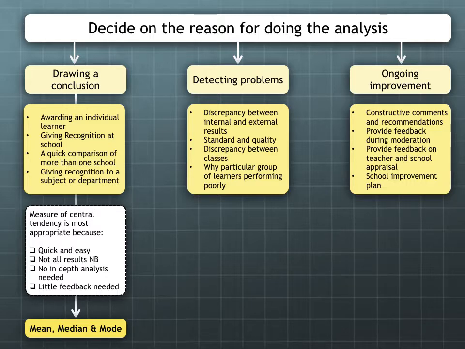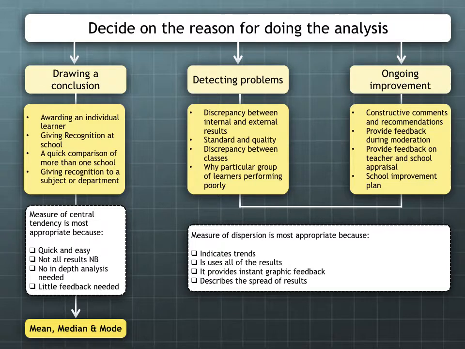Certainly to provide feedback during moderation, to provide feedback on the teacher and school appraisal, and then also gathering school information for the school improvement plan, and then also to inform new policies and current policies to be able to change them.